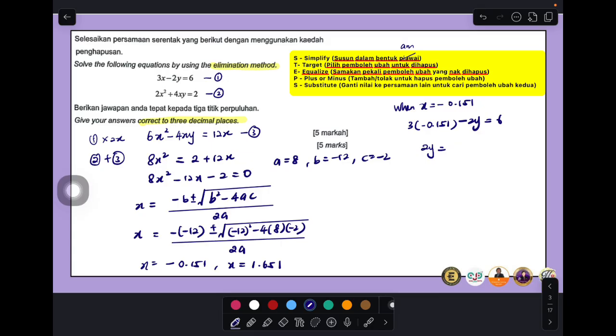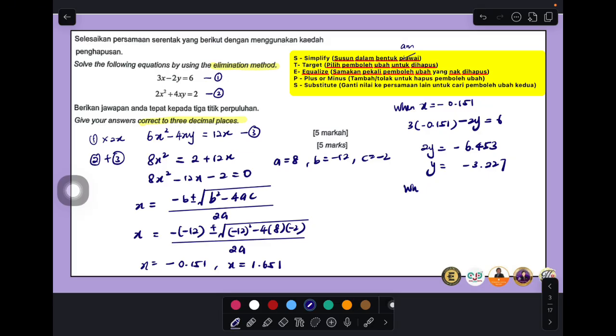You can use the calculator function shift solve, or you straight away do it: 2y equal to, this one bring there, right? When you need to solve the equation, make sure your subject must be on the left side. So 2y will be equal to negative 6.453. So y is equal to negative 3.227. This one I already calculate using the calculator. We're going to make it faster so that you can press your calculator to get the answer.